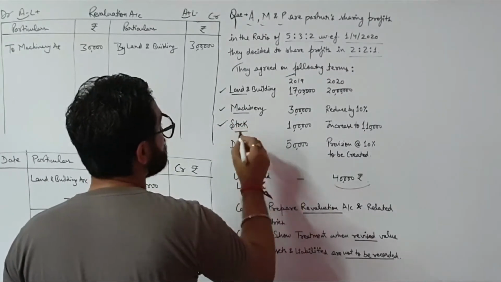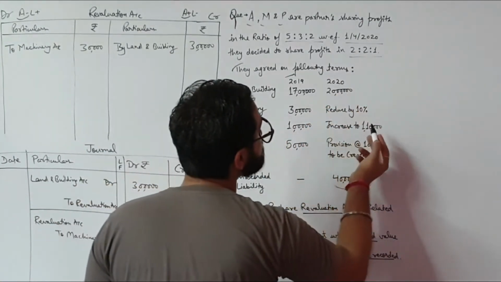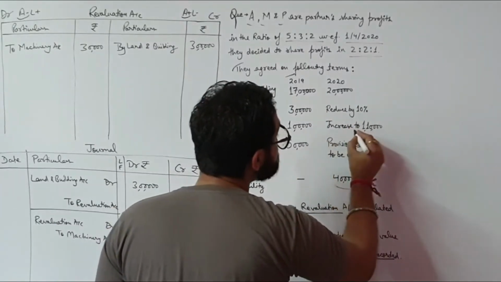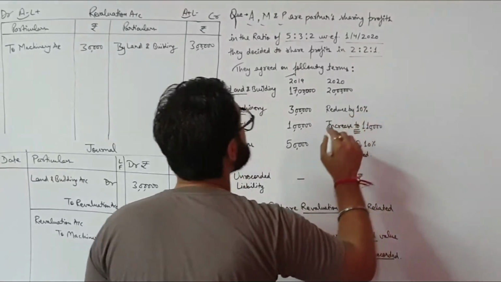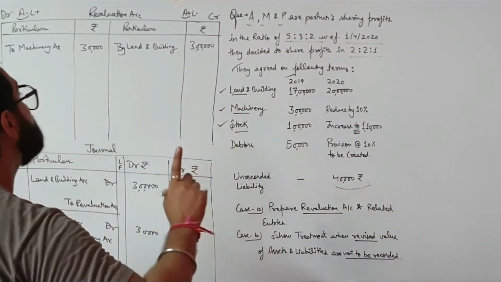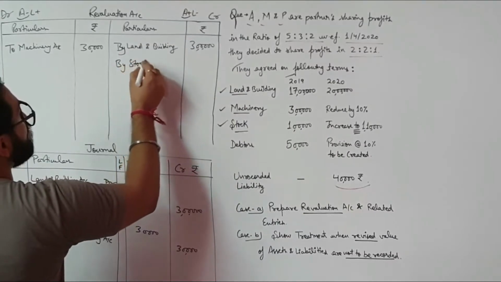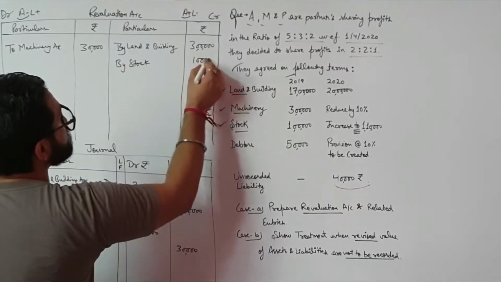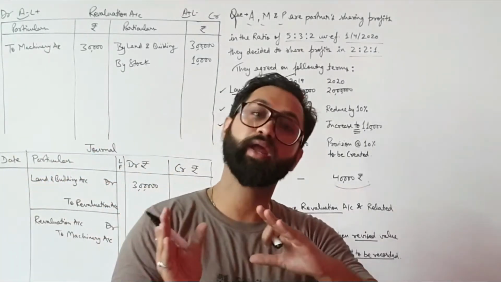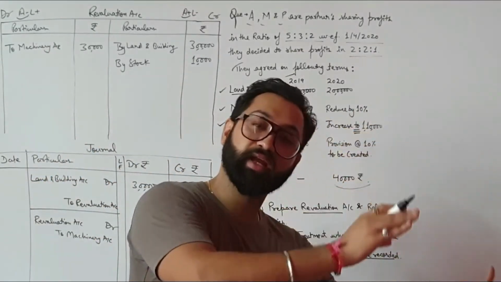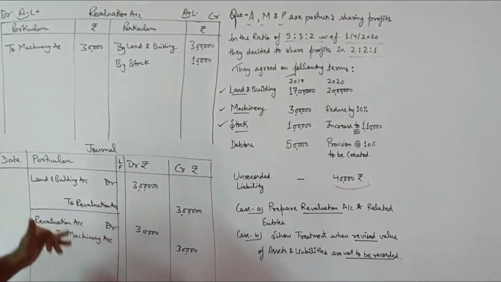Next is stock. The value of the stock was 1 lakh in 2019 and it is now to be increased to 1,10,000. This means a 10,000 increase, the asset is increased, so by Stock 10,000 rupees. So what can we do?